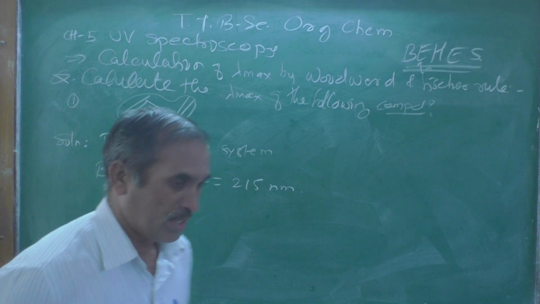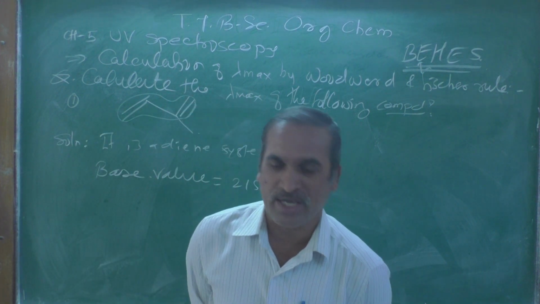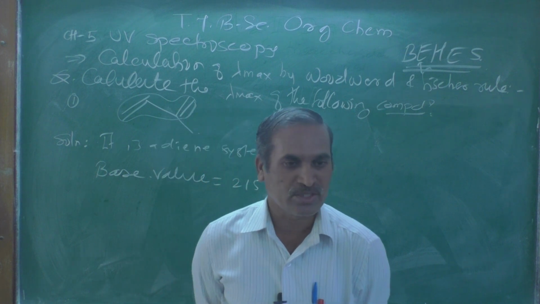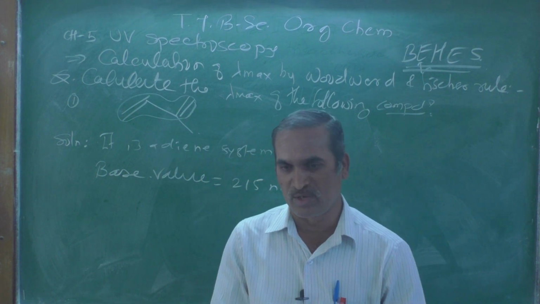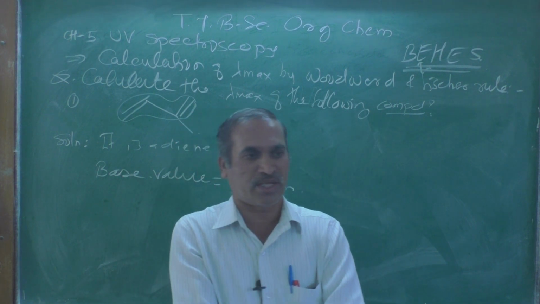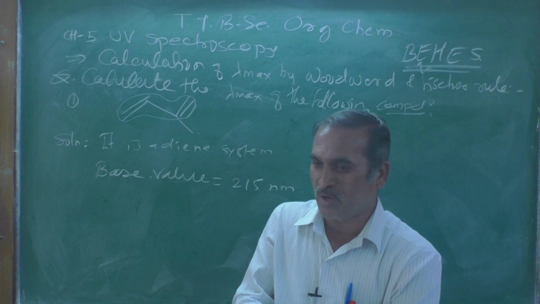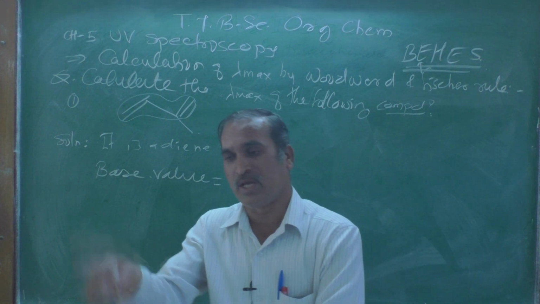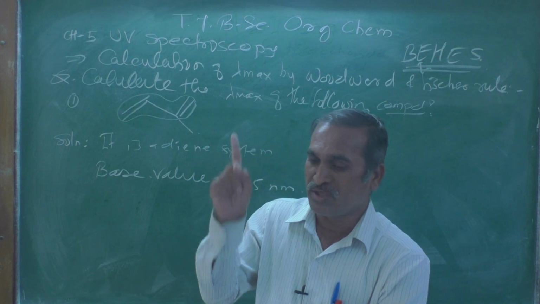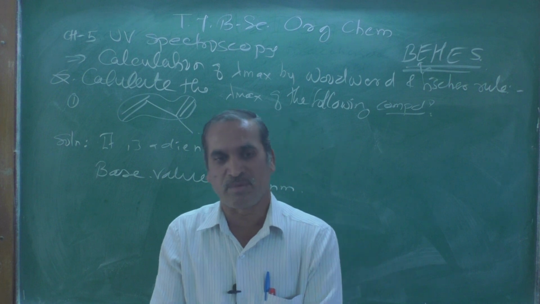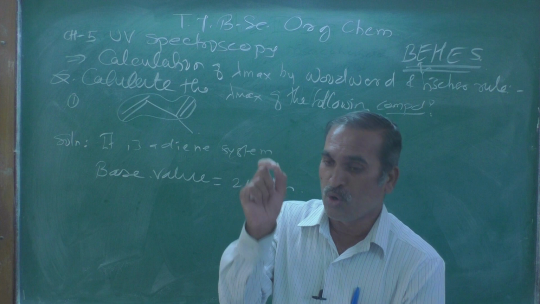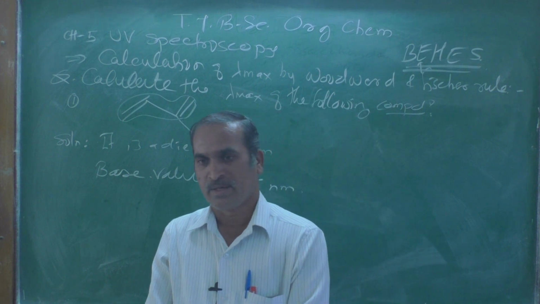Homoannular system. As we know from the previous lecture, if a ring is present and that ring contains carbon-carbon double bonds present alternately in conjugation position, then that type of system is termed a homoannular system.